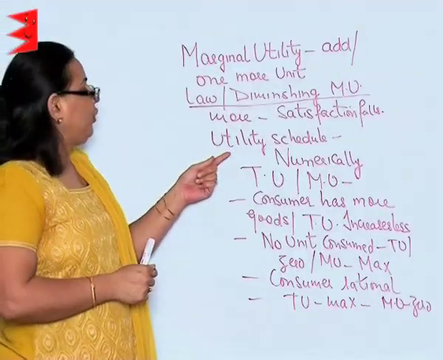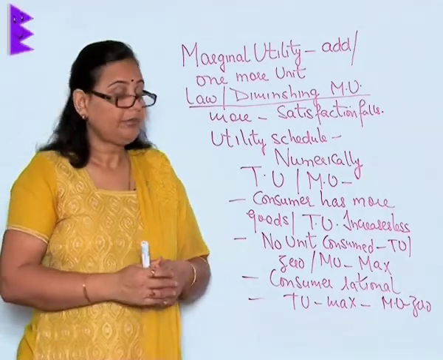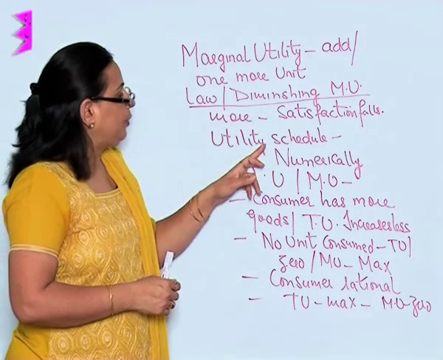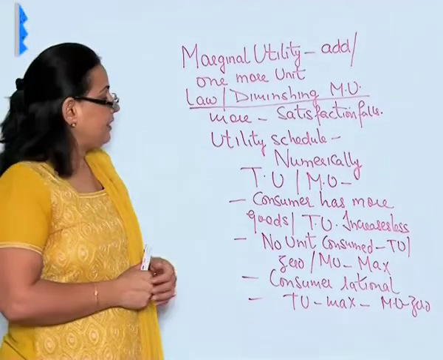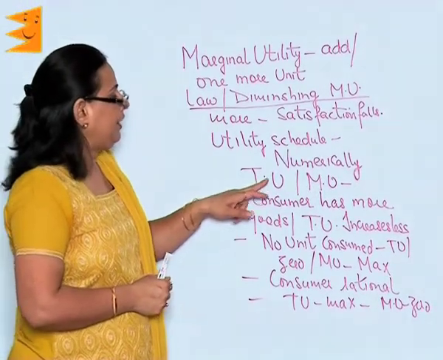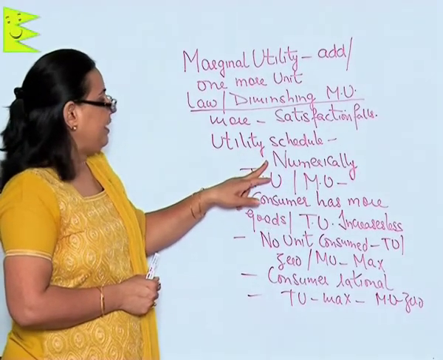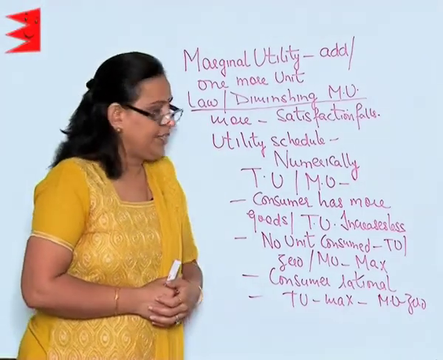Next is the utility schedule. Now, what is a utility schedule? When the diminishing marginal utility is numerically illustrated, that is, the total utility and the marginal utility are numerically illustrated, that is called a utility schedule.